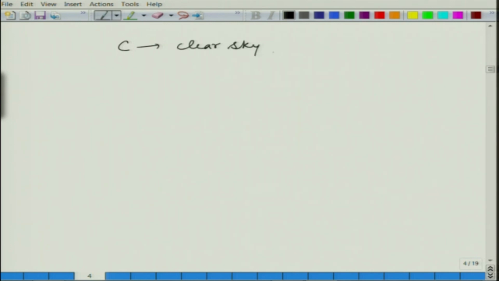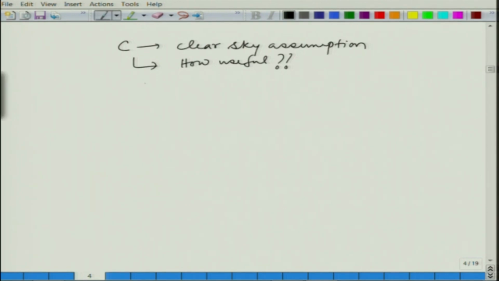Clear sky assumption. How valid is that, or how useful is that rather? Valid does not mean much, but how useful? First of all, it will not be possible to obtain all those days in clear sky condition.